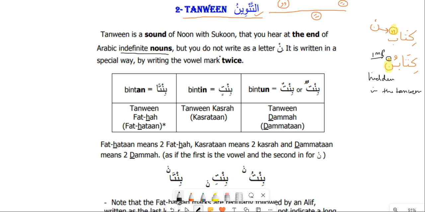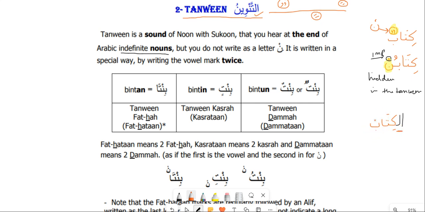Why is it indefinite? Because whenever you see a tanween, know that it is indefinite. And when it is definite, what happens? It has lam at-tarif, right? Al-kitab. So when it has lam at-tarif, what happens? Al-kitab.